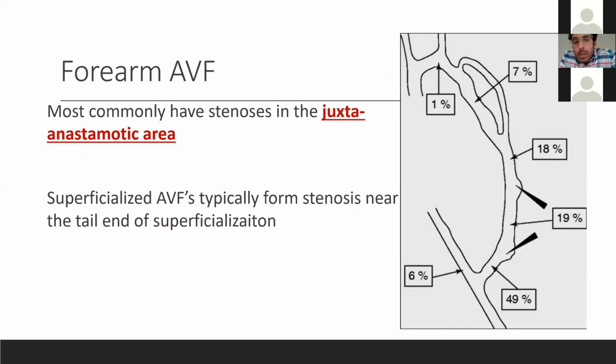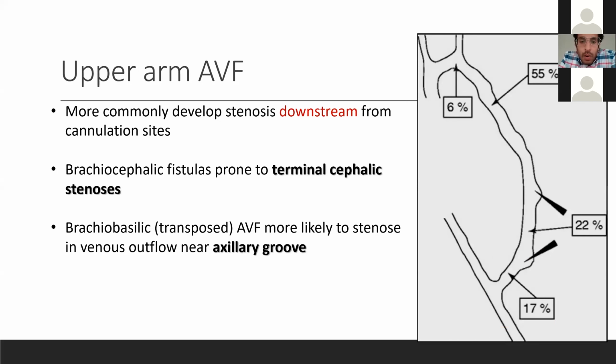When we're talking about forearm fistulas, we're talking about your Brescia-Cimino fistulas, and these will present most commonly with issues at the juxta-anastomotic area. These are the fistulas that we're most frequently puncturing retrograde as opposed to antegrade, because we know the problem will probably be near the anastomosis. Upper arm fistulas are going to be more commonly downstream stenoses from the cannulation site.